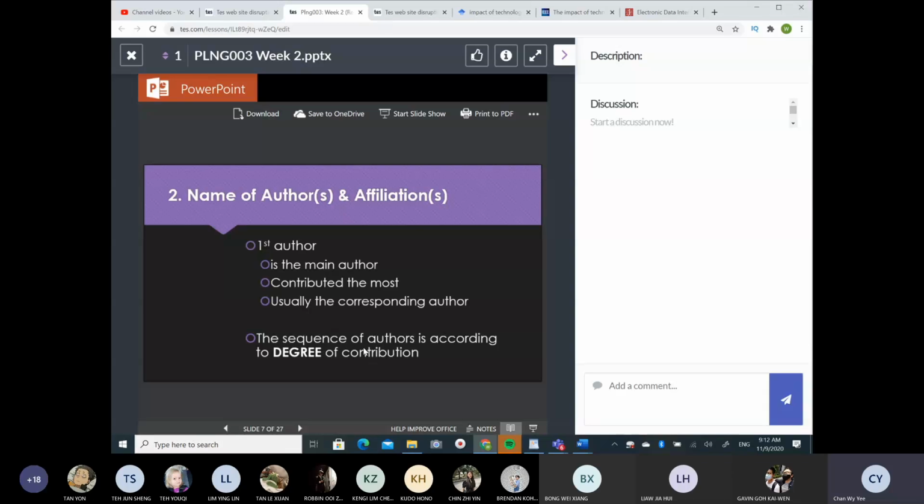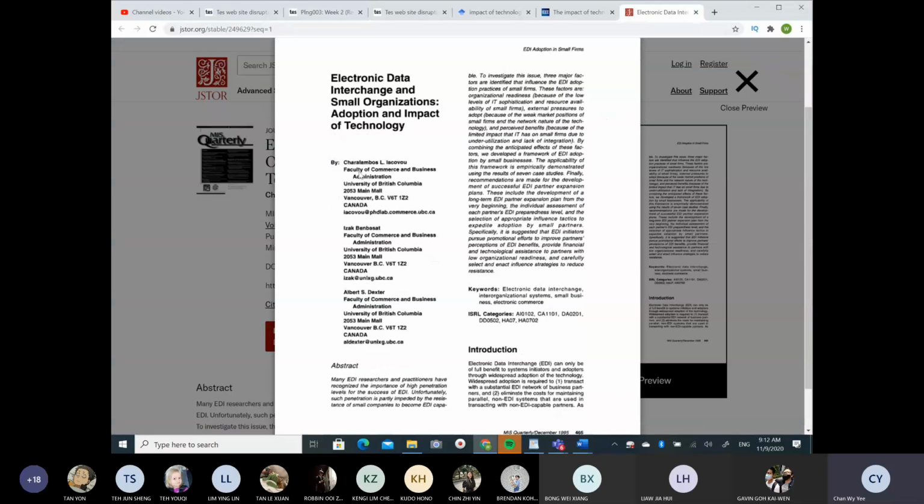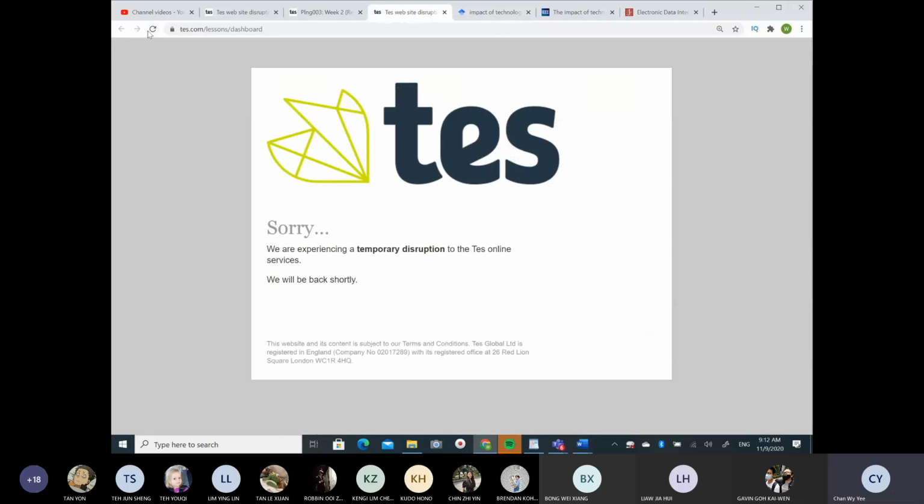So the sequence of authors is according to degree of contribution. Charalambos contributed the most, followed by Isaac Ben Basat, followed by Albert Dexter. So this is the sequence.